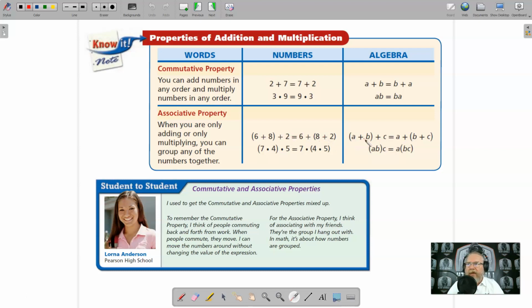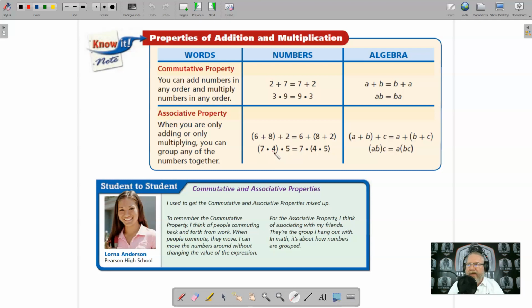In algebra, using just letters, we would say that the quantity of, notice the use of the words the quantity of to represent the parentheses, the quantity of A plus B plus C is equal to A plus the quantity of B plus C. Also in multiplication, this holds true as well. Note the order is the same on each side of the equation, 7, 4, and 5, 7, 4, and 5.